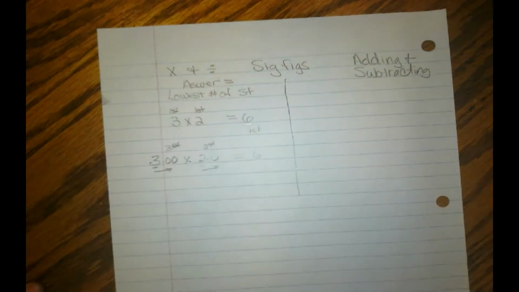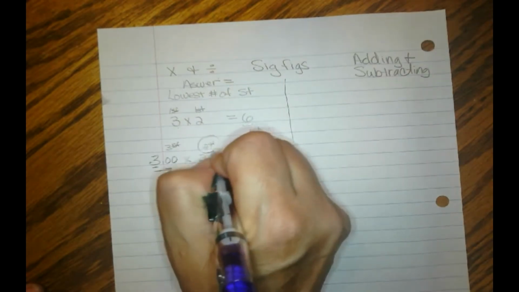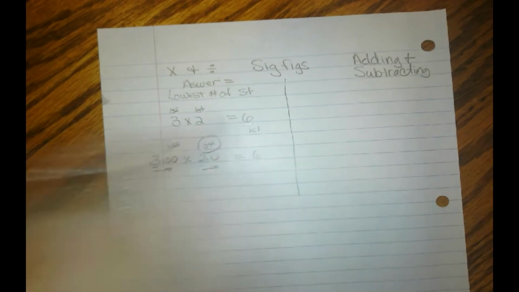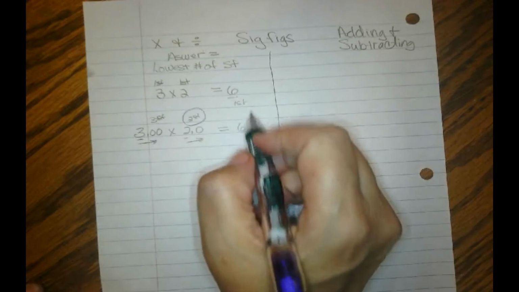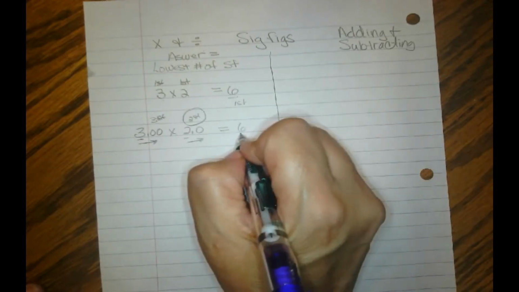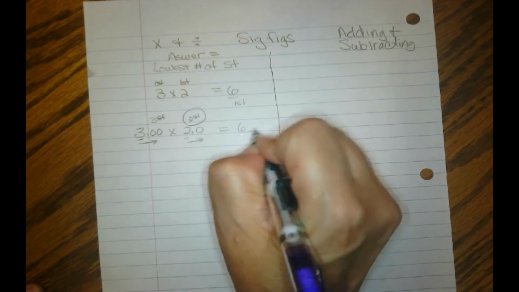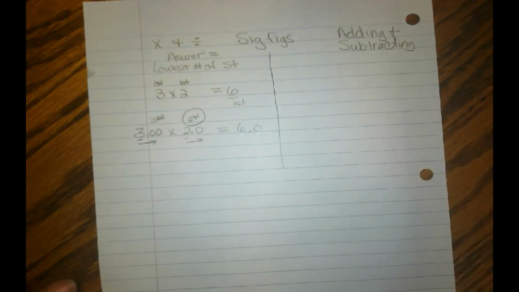Now I really beg you to circle your lowest number of sig figs. Why? Because people make mistakes. If that's circled, then you know I need 2 significant figures. So here's next. How do I make it 2? Well, I need a decimal and a 0, okay? And now I have 2 significant figures, okay?